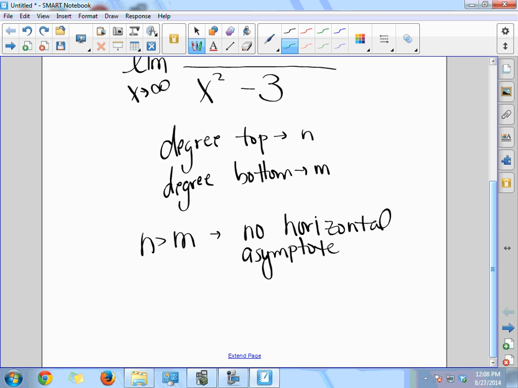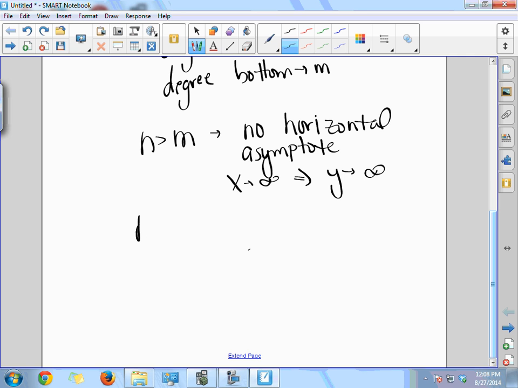As x goes to infinity, y is just going to go to infinity. It's not going to approach a single value. The next one is if n is less than m. If the degree of the top is smaller than the degree of the bottom, then it's going to go to 0. Then you have a horizontal asymptote at y, or f of x, equals 0.